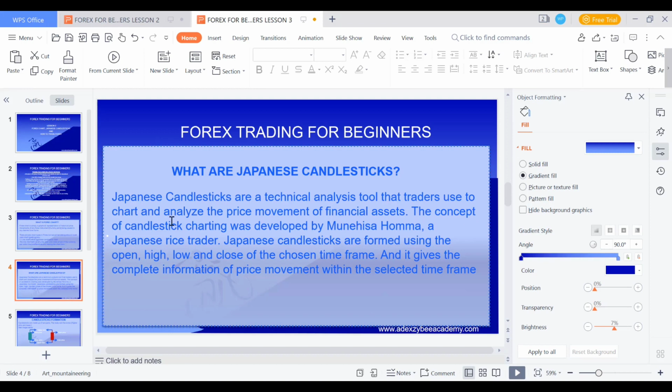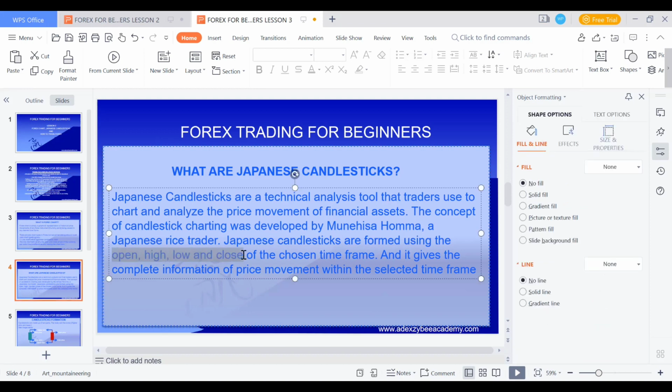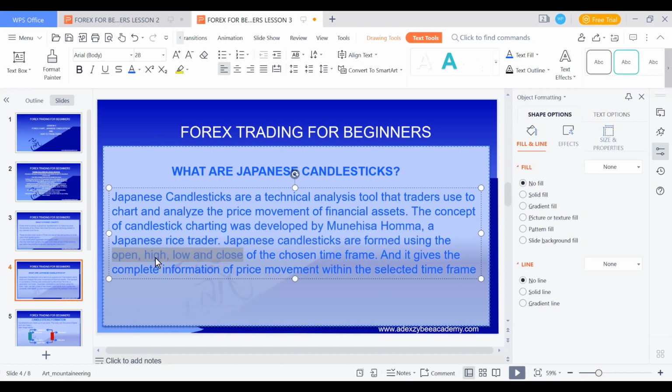The concept of candlestick charting was developed by a Japanese rice trader. That's why we call it Japanese candlestick, because it was developed by a Japanese man. Japanese candlesticks are formed using four data: the open, the high, the low, and the close.